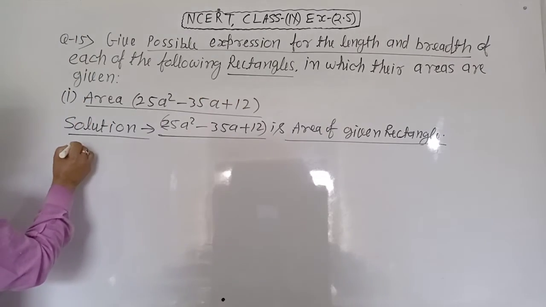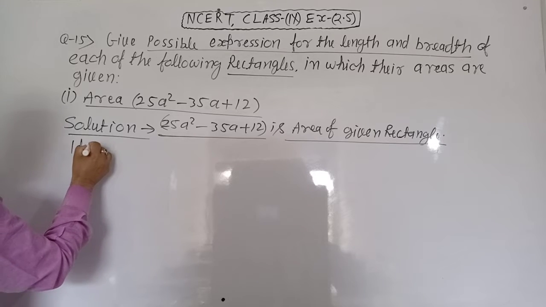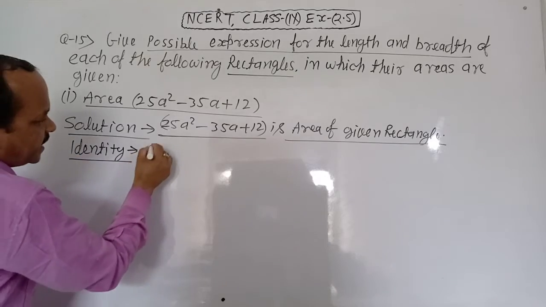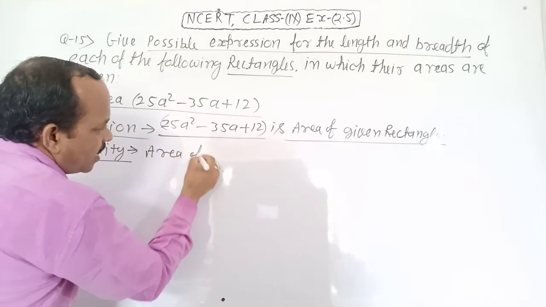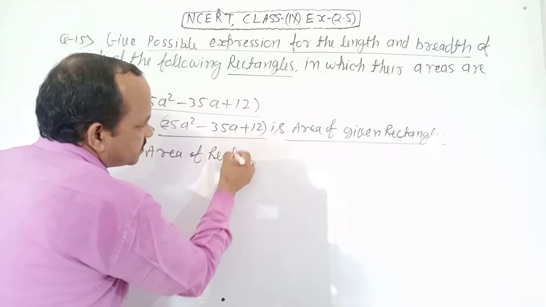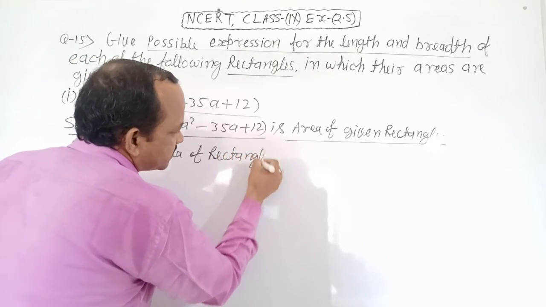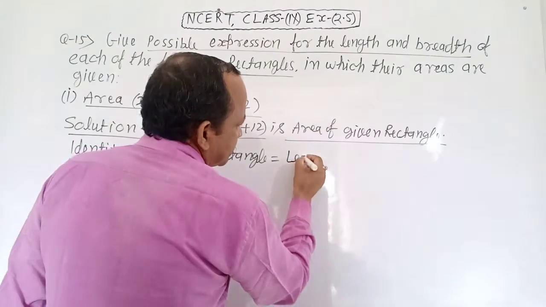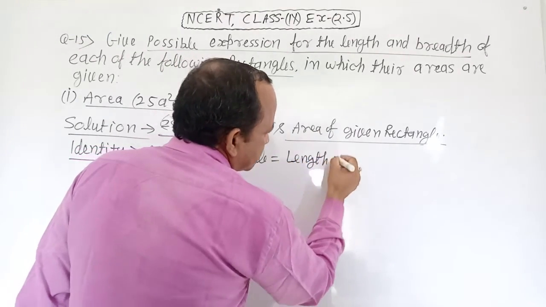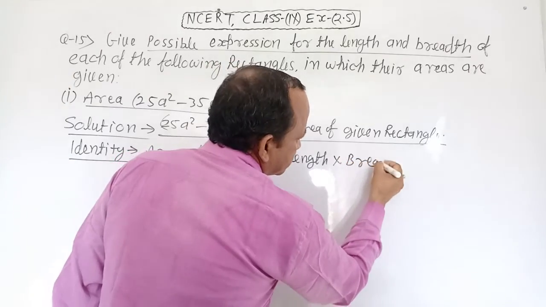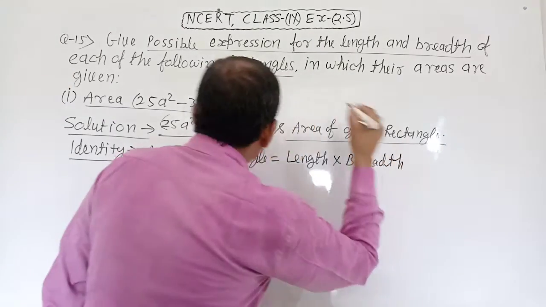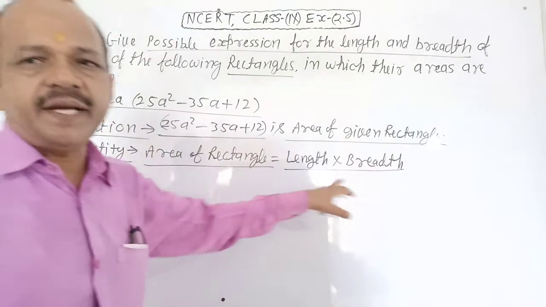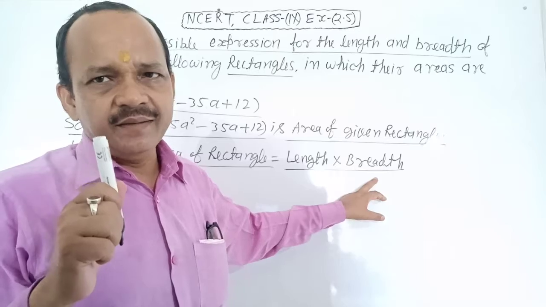Identity: area of rectangle equals length multiplied by breadth. Is it clear?